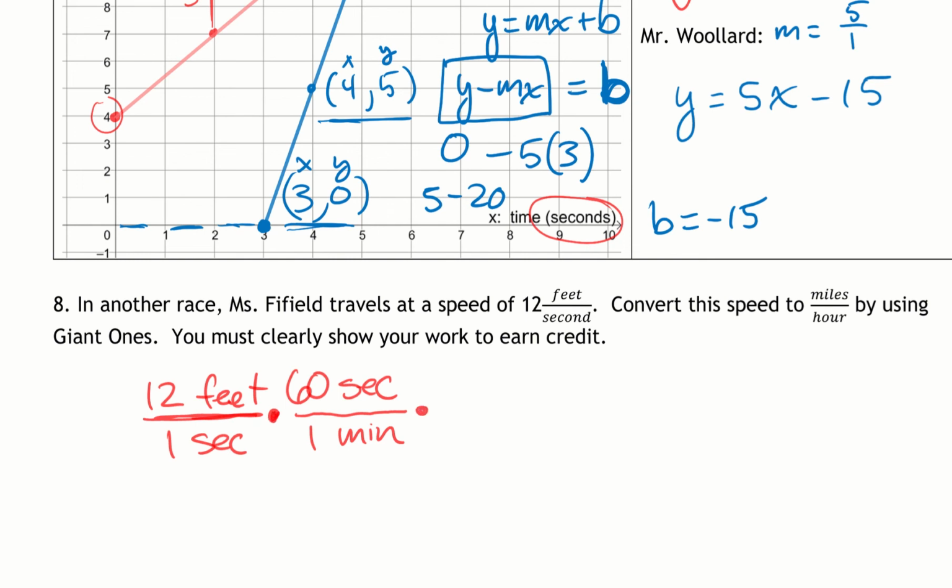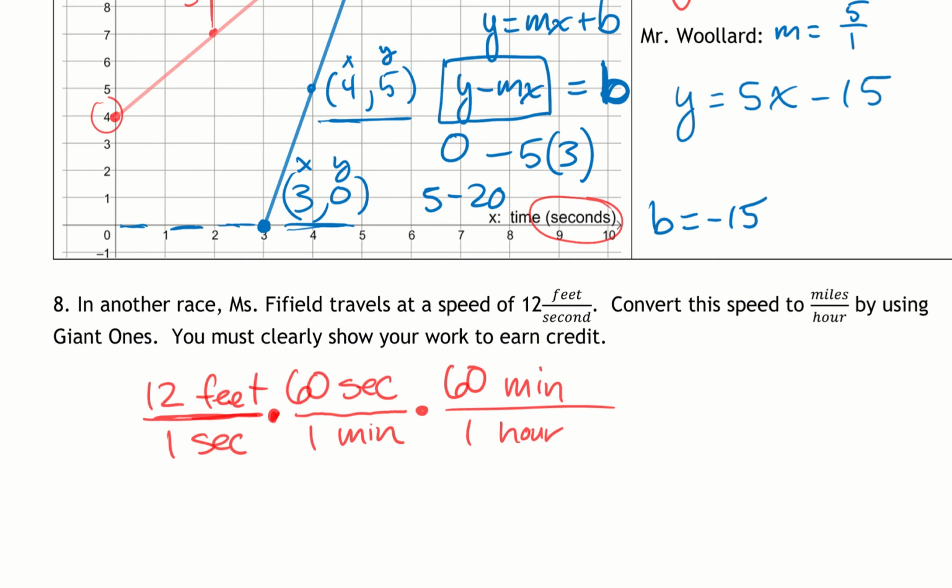And then I'm going to multiply that by, I want minutes to go away, so I'm going to put minutes in my numerator, and I'm going to put hours in my denominator. And I know that 60 minutes is the same amount of time as 1 hour. Why can I just randomly multiply by 60 over 1? It's because it's not 60 over 1. It's 60 minutes over 1 hour.